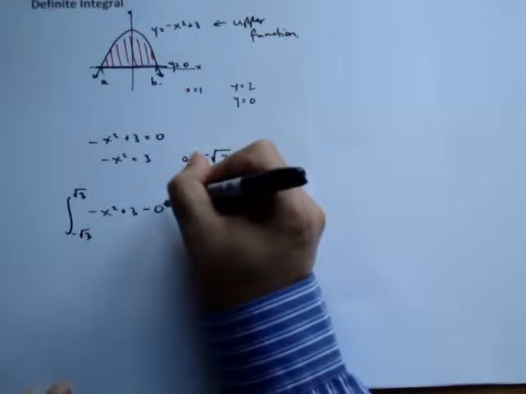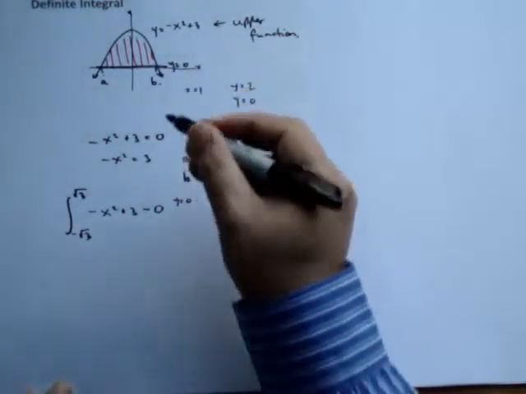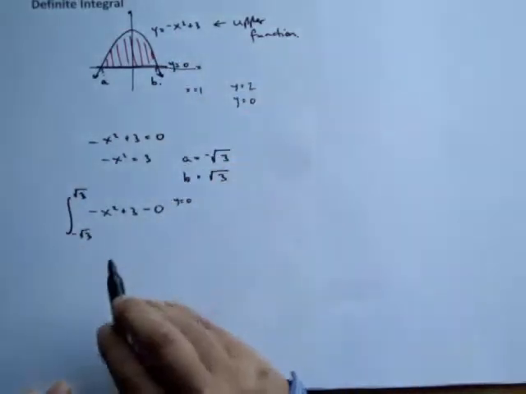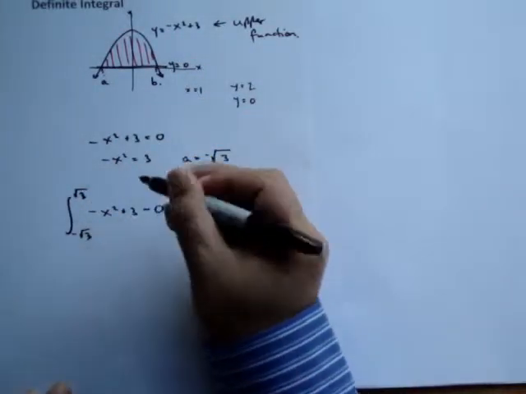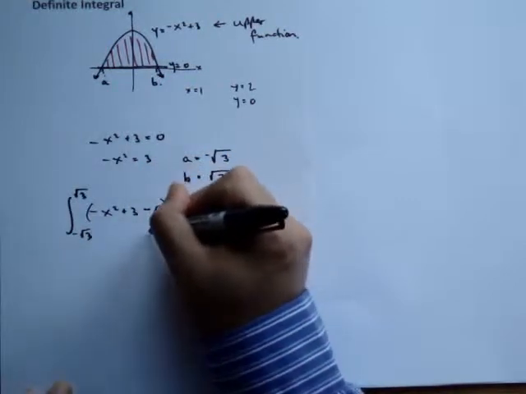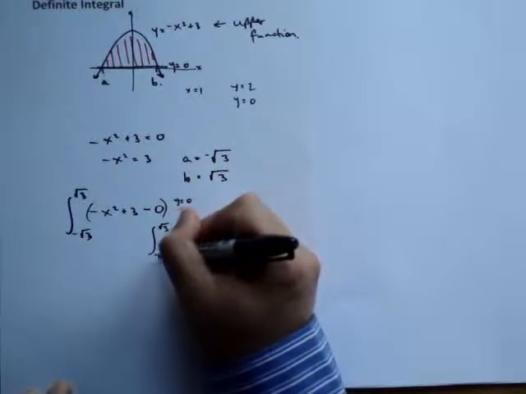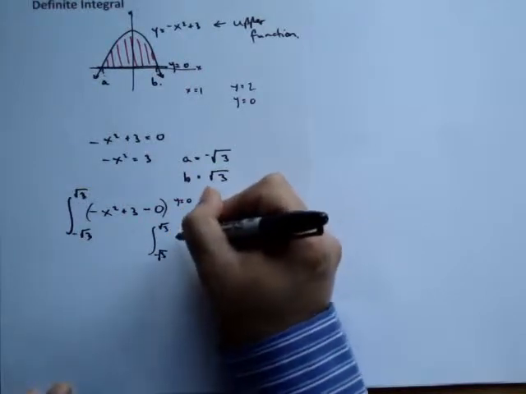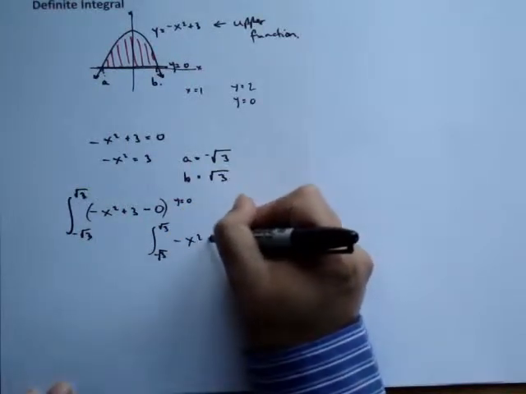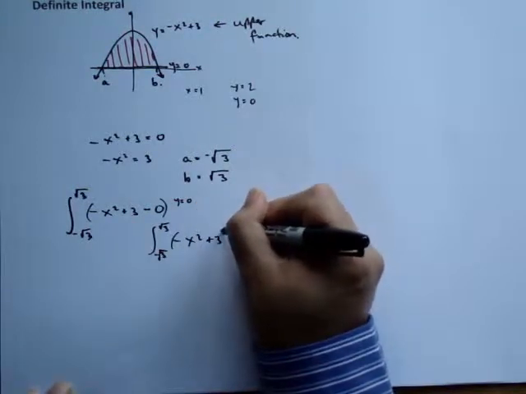We can ignore this 0 that comes from y equals 0 because we're going to subtract that, so it just becomes the integral between minus square root of 3 and square root of 3 of minus x squared plus 3 dx.